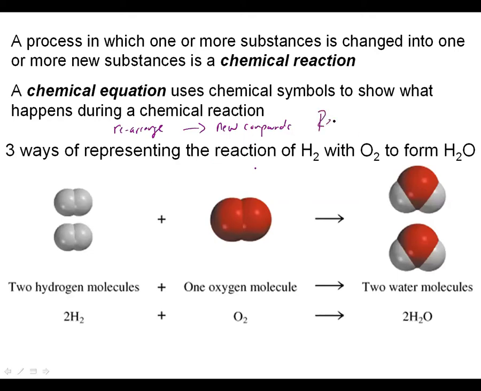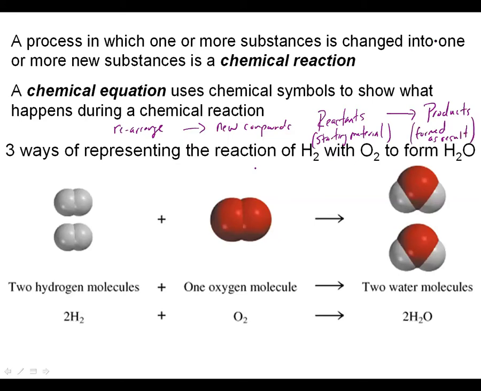are our reactants, which are our starting material. On the right-hand side of the arrow, those are our products, and those are the guys that are made. These are things that are formed as a result of the chemical reaction.